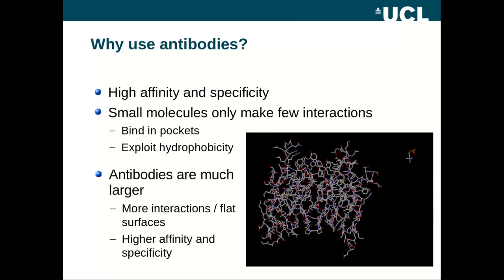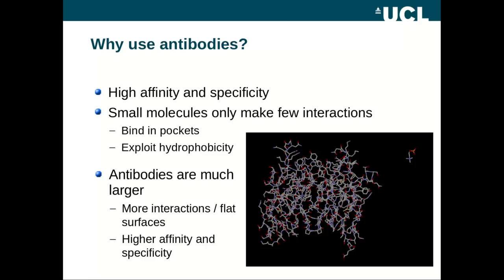Antibodies, on the other hand, give you such a much larger, flatter, or potentially flatter interaction surface that they can form far more interactions. And that allows you to have far more specificity as well as high affinity.